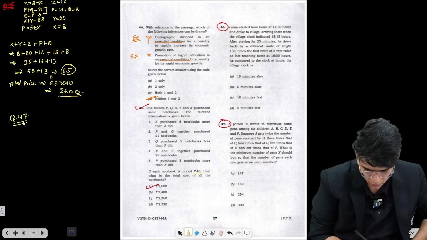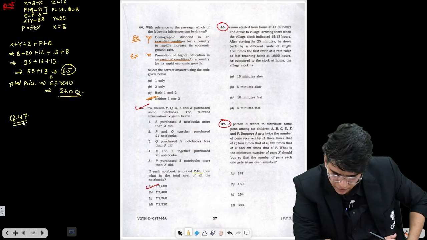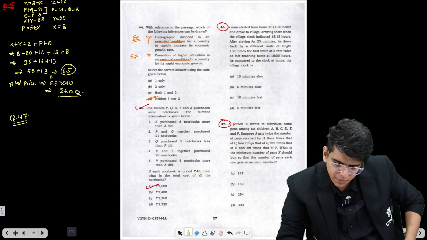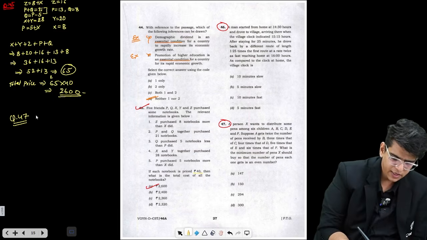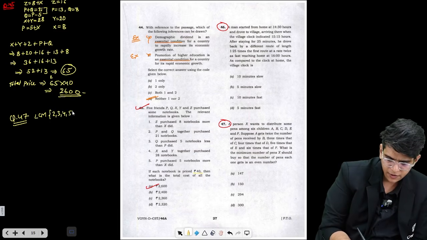Basically we want to distribute some pens between A, B, C, D, E, F. The number of pens A gets is twice the number B gets. So A should be divisible by 2, 3, 4, 5 and 6. So we need to find the LCM of 2, 3, 4, 5, 6, which is 60.